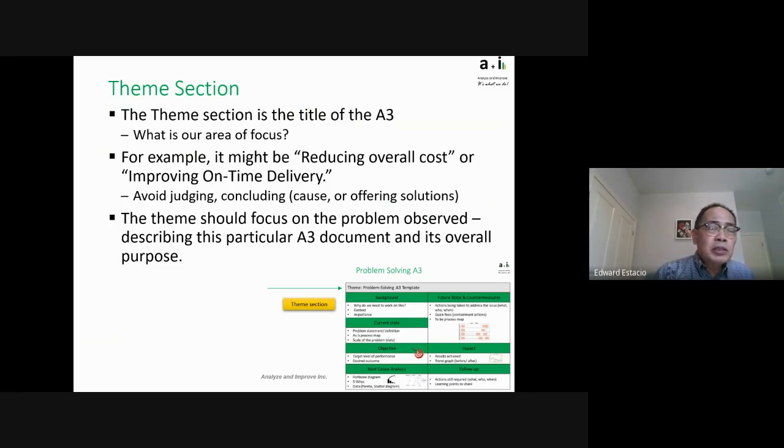If we know the solution, why not just do it, right? Because the reason why we're doing problem solving is because we don't know what the solution is. And again, the focus should just be on the problem that's being observed. Describing this problem properly is the key point in this.